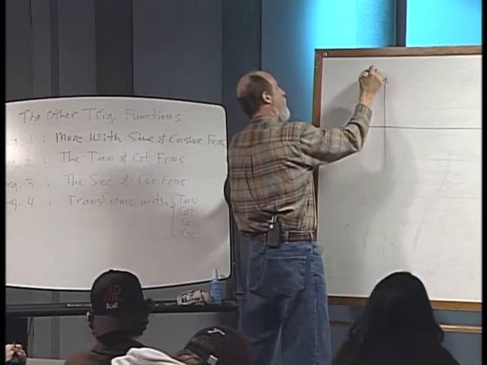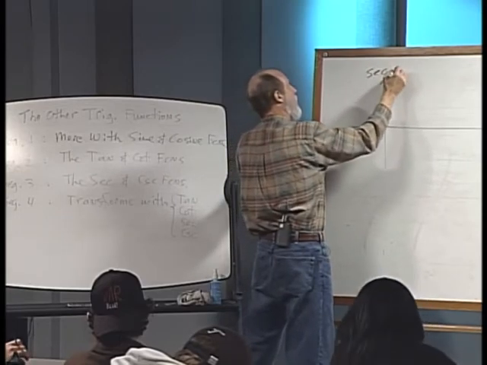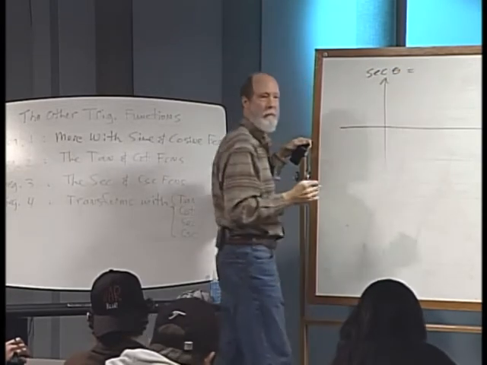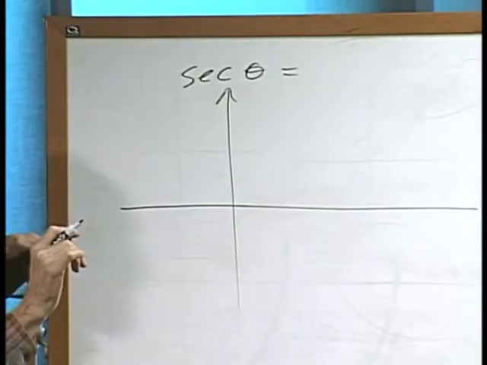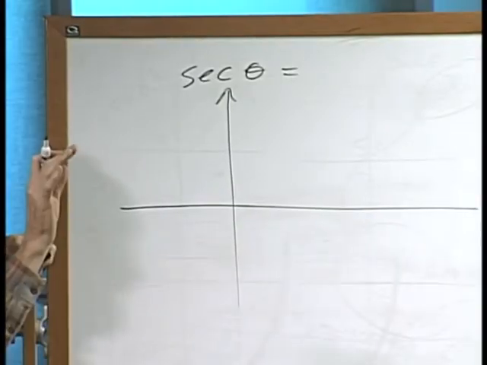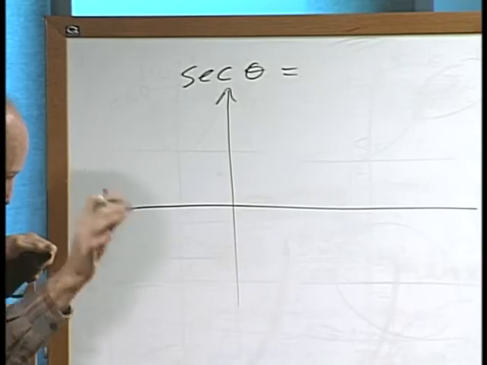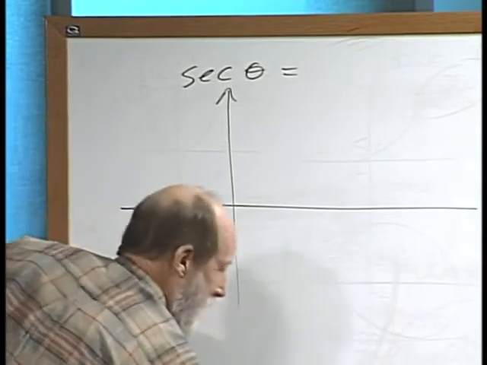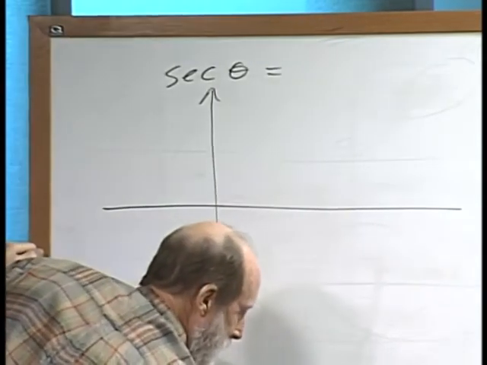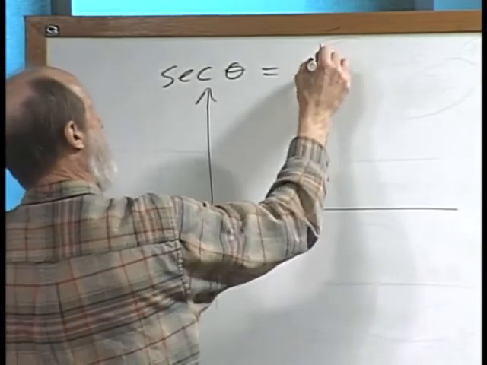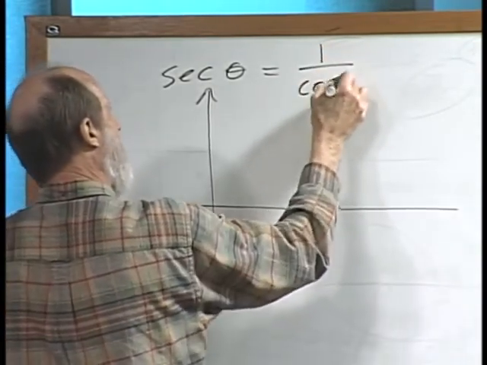What I'm interested in working up is the secant of theta's graph. Now, it is the reciprocal of the cosine function. So that's 1 over the cosine values.